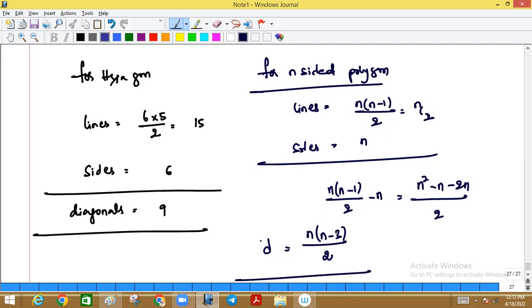What is the formula for the number of diagonals? n into n minus 3 by 2. Whether you remember the process or not, you must remember the formula. You can substitute and check it. n into n minus 3 by 2 is the number of diagonals, right?